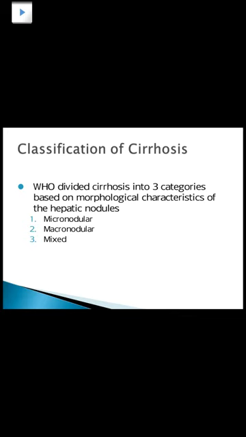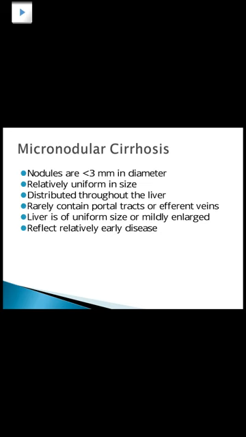Now, classification of cirrhosis. WHO divides cirrhosis into three categories based on the morphological characteristics of the hepatic nodules: the micronodular, the macronodular, and the mixed one. Now, coming to micronodular cirrhosis. Here the nodules are less than 3 mm in diameter by definition, relatively uniform in size, distributed throughout the liver, and rarely contain portal tracts or afferent veins.